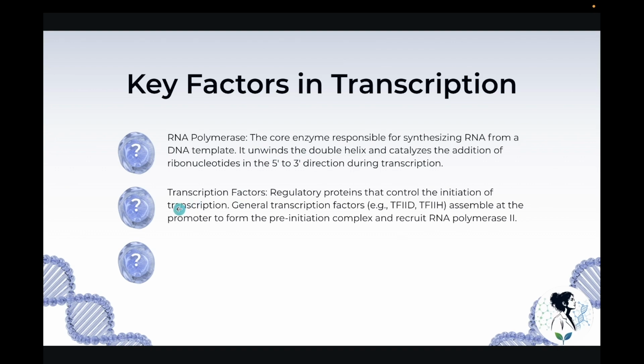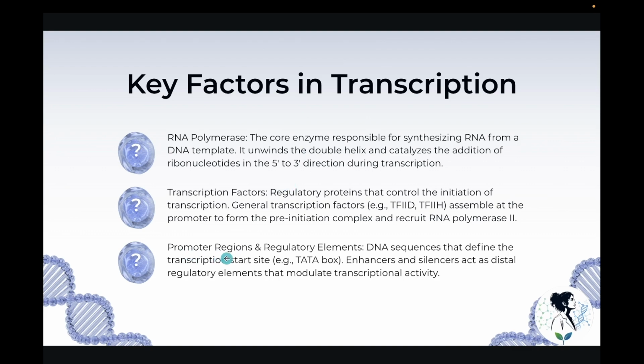The next factor is transcription factors. These are regulatory proteins, which control different steps of transcription from initiation to termination. The general transcription factors involved are TFIID, TFIIH, TFIIA, TFIIB, etc. These factors assemble at the DNA to form the pre-initiation complex, which recruits RNA polymerase and undergoes the process of transcription.